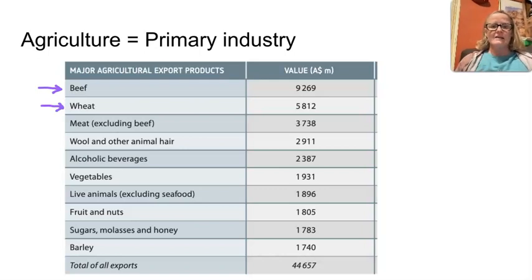And then you can see even all the way down here, barley, still looking at $1 billion worth of value. So huge amount of money in the primary industry of agriculture in Australia. So you can see why it's really important that we understand how to manage disease.